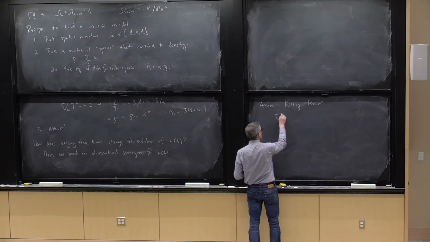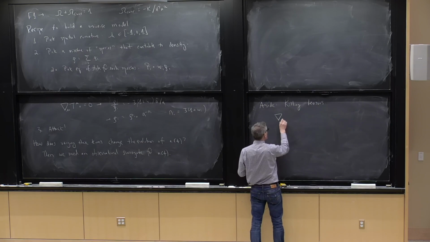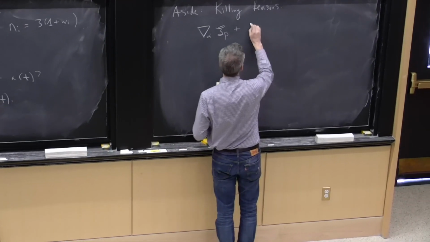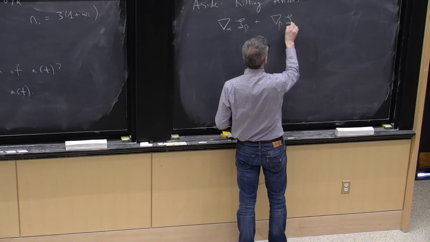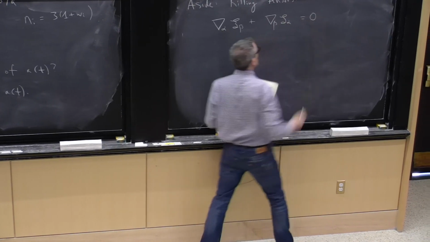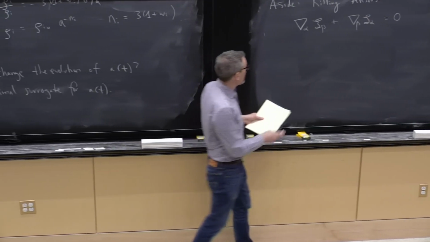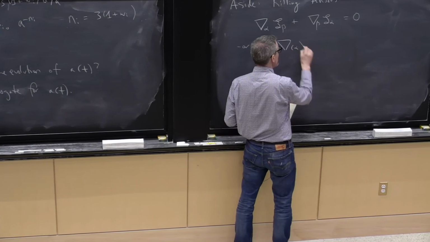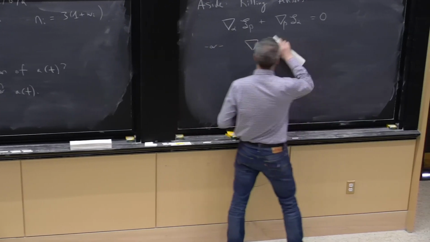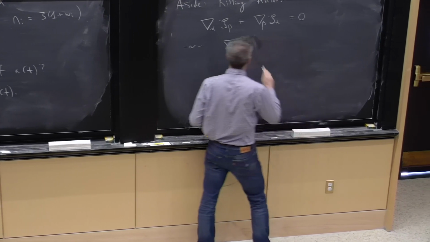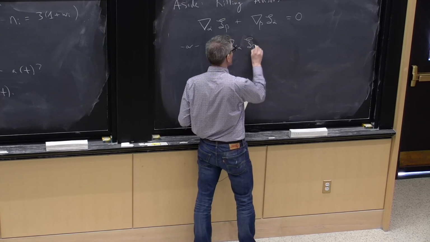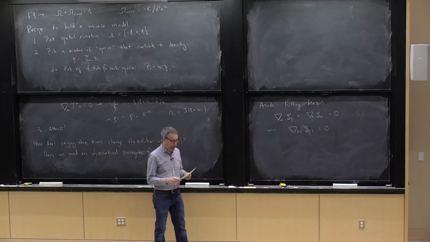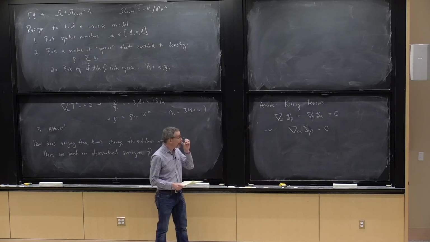This then leads to the statement that if I put together the symmetrized covariant gradient of the Killing vector, I get 0. Another way to write this is to use this notation. So these are equations that tell us about the way that Killing vectors behave.